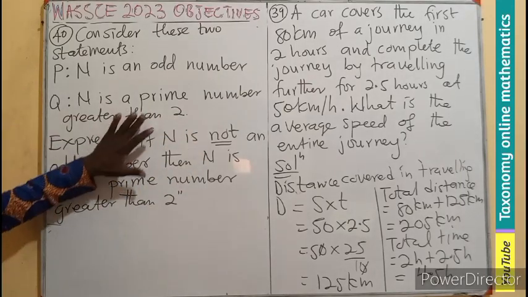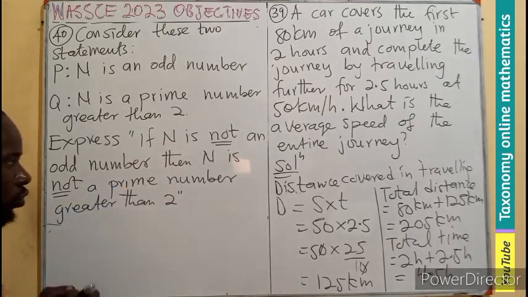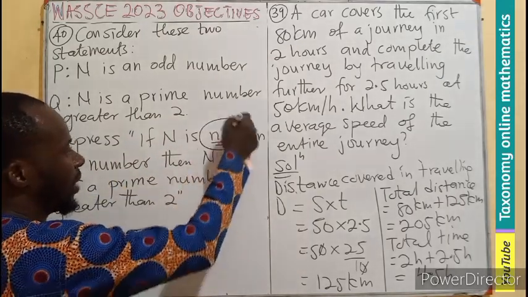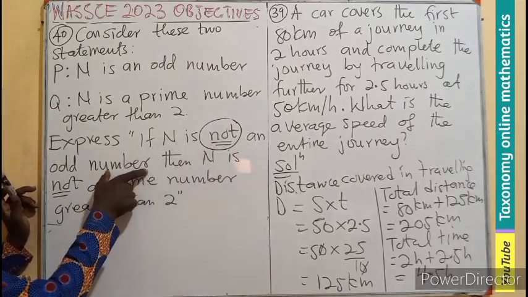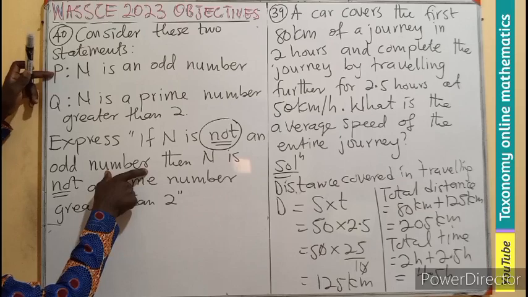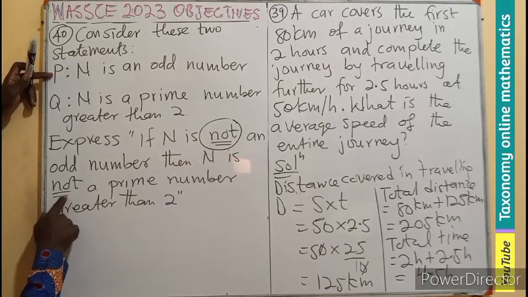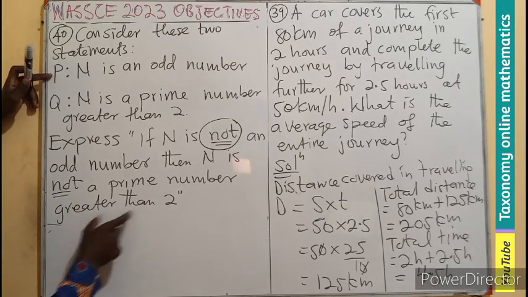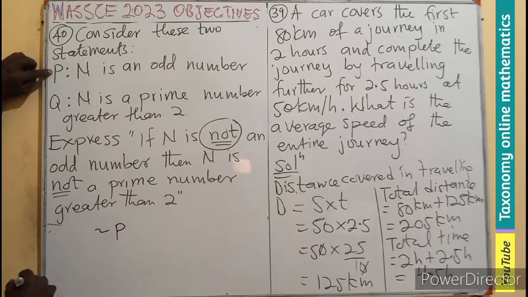So to express this statement, we are going to mention: if N is not... the moment you say not, it becomes a negative statement. It's not an odd number. So we have to negate this statement. Then N is also not a prime number greater than what? 2. So negate this is P.